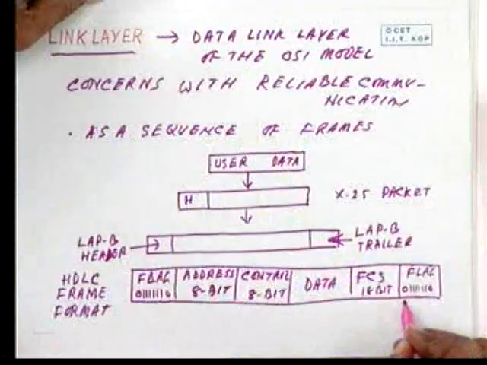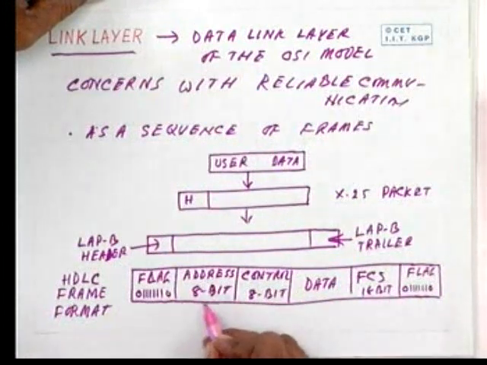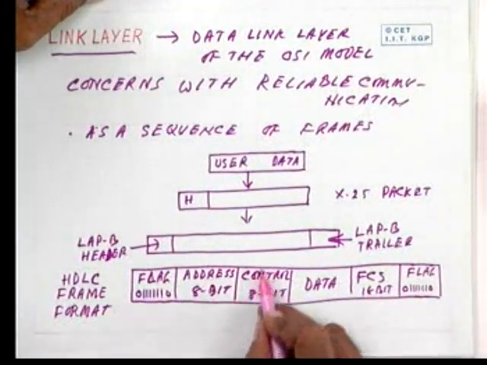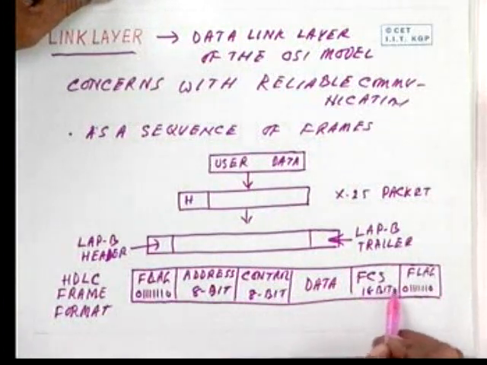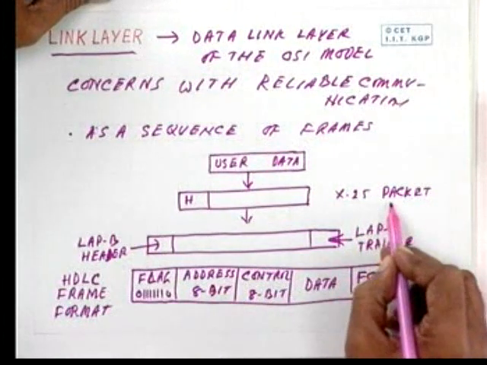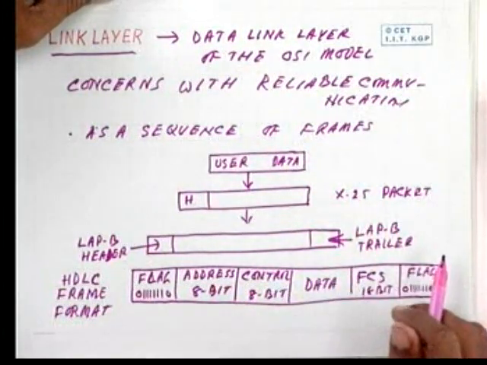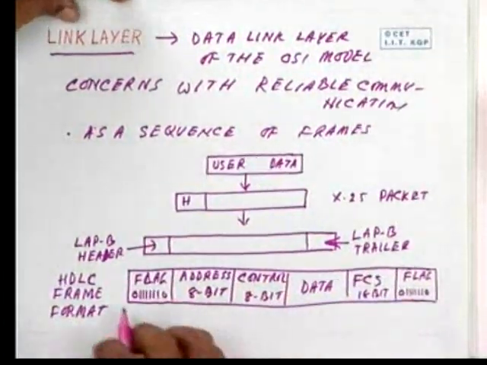Now suppose the same sequence appears as part of data or control bit or address, whatever it may be. How do you differentiate between a flag and the data part or the payload part which is provided by the packet layer? This can be done by using a concept known as bit stuffing.